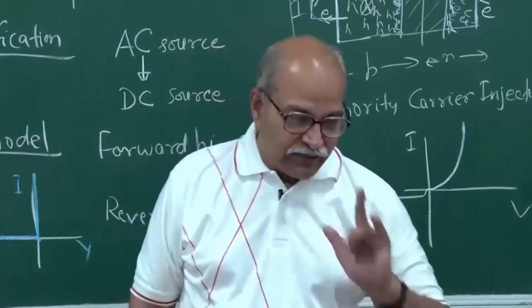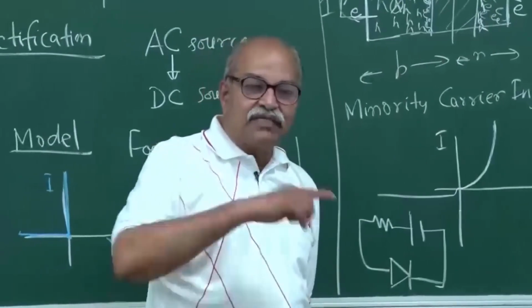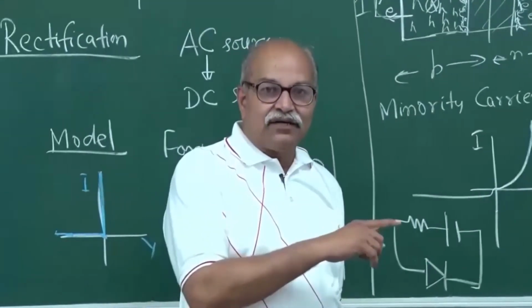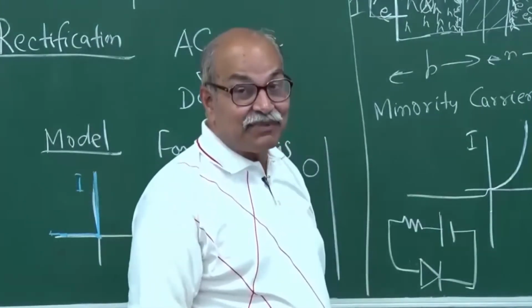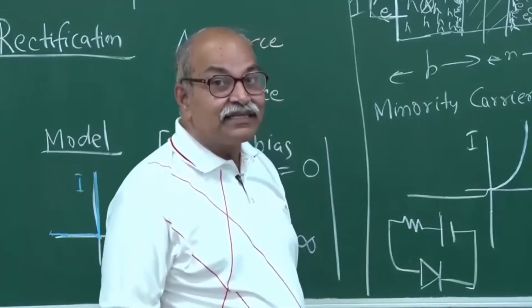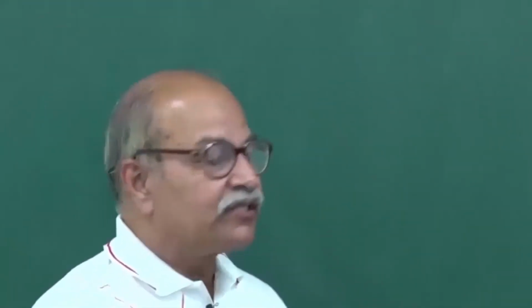Okay. So let me talk more about this rectification, how it is done, or at least how the basic unit can be developed using this diode. Suppose you have an AC source.